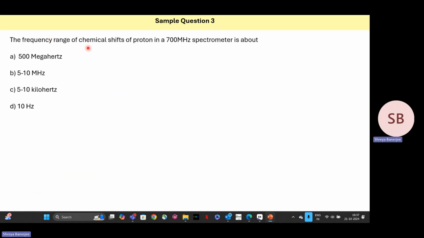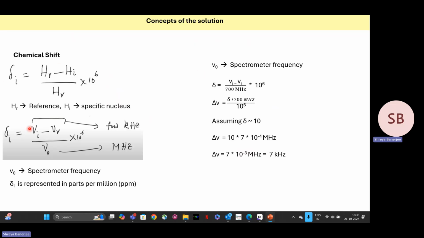The next question is asking, the frequency range of chemical shift of proton in a 700 megahertz spectrometer is how much? So we will look at the formula now. Chemical shift delta I is defined as HR minus HI by HR into 10 to the power 6, where HR is the reference and HI is the field by the specific nucleus.